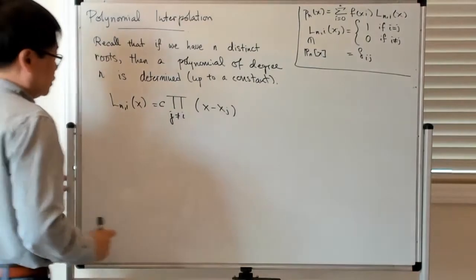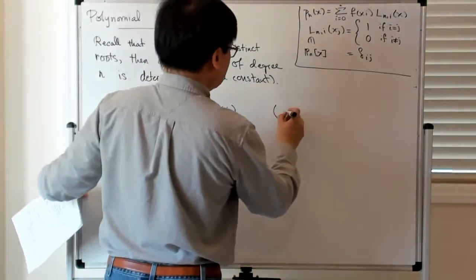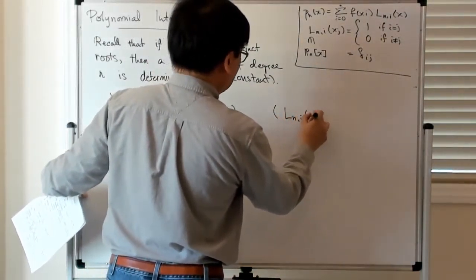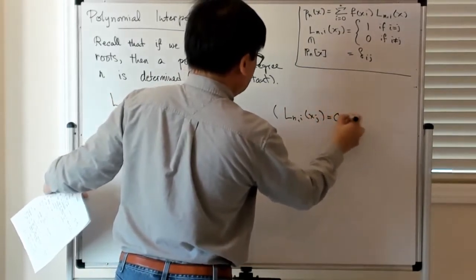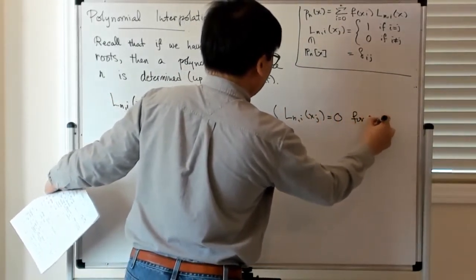You know this from the fact that L_ni of x_j is equal to 0 for i not equal to j.